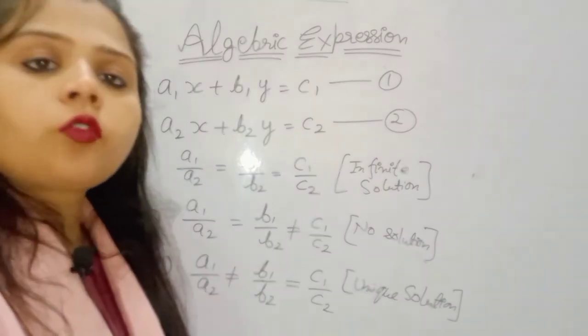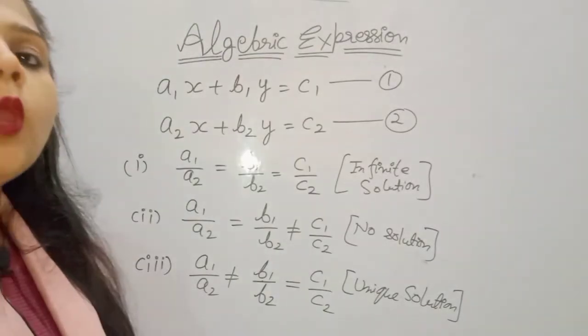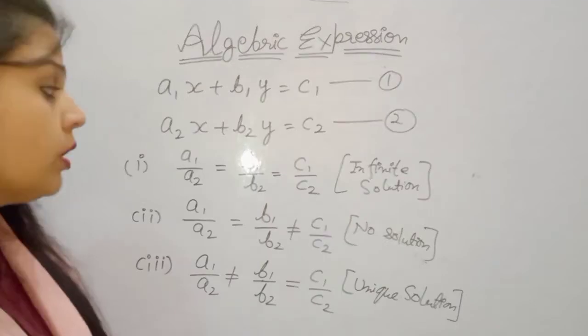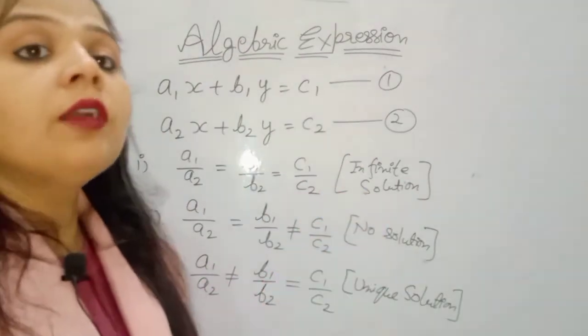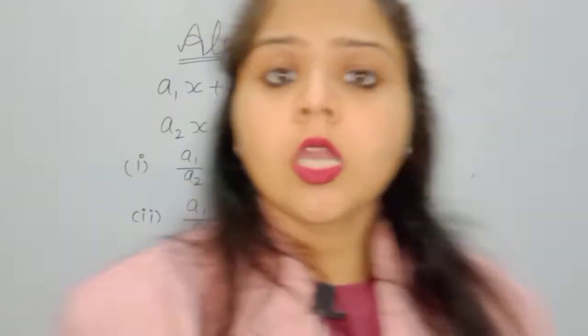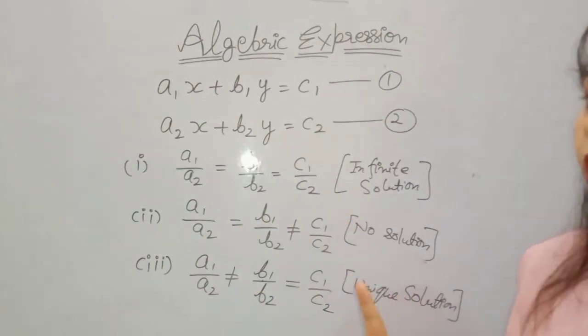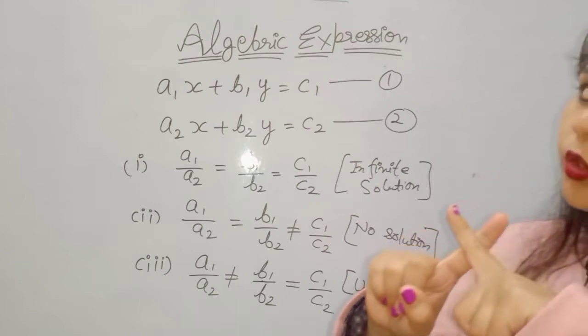So these are the three relations so that we can know that two linear equations in two variables can have a solution. If this is the condition, then we have infinitely many solutions. If we follow the second condition, a1/a2 = b1/b2 ≠ c1/c2, then we have no solution.